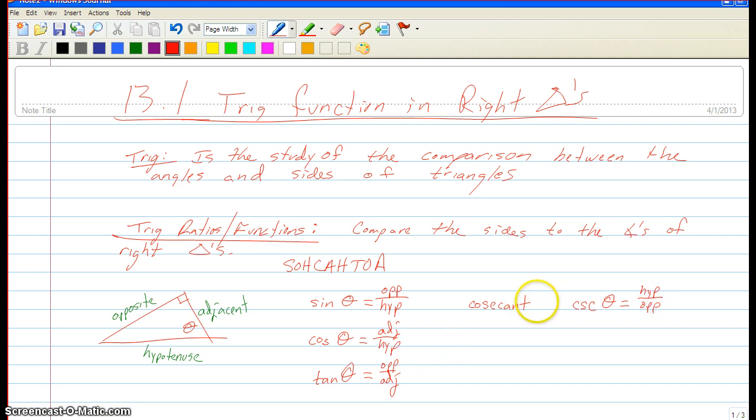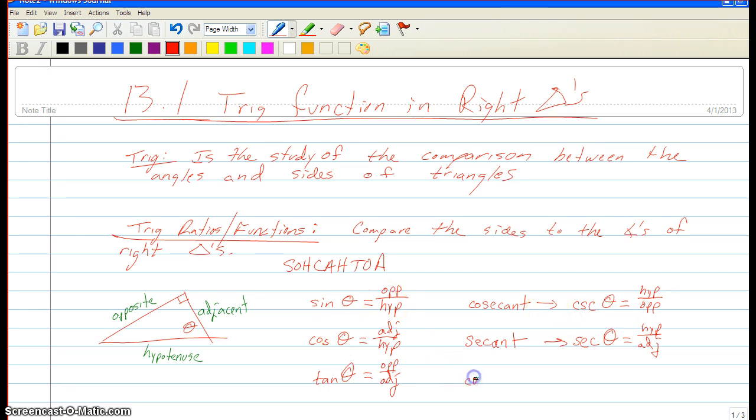Okay? The reciprocal of cosine is called secant, which is abbreviated SEC. So secant of theta would be the reciprocal, hypotenuse over the adjacent. That's why Sohcahtoa and Sohcahtoa like reciprocal numbers. One likes 2, the other likes 1/2, because they're reciprocals of each other.